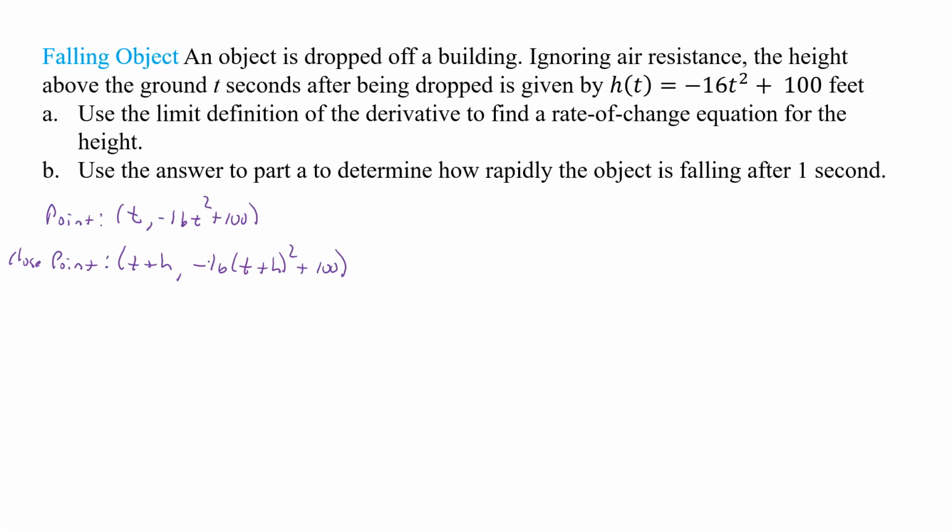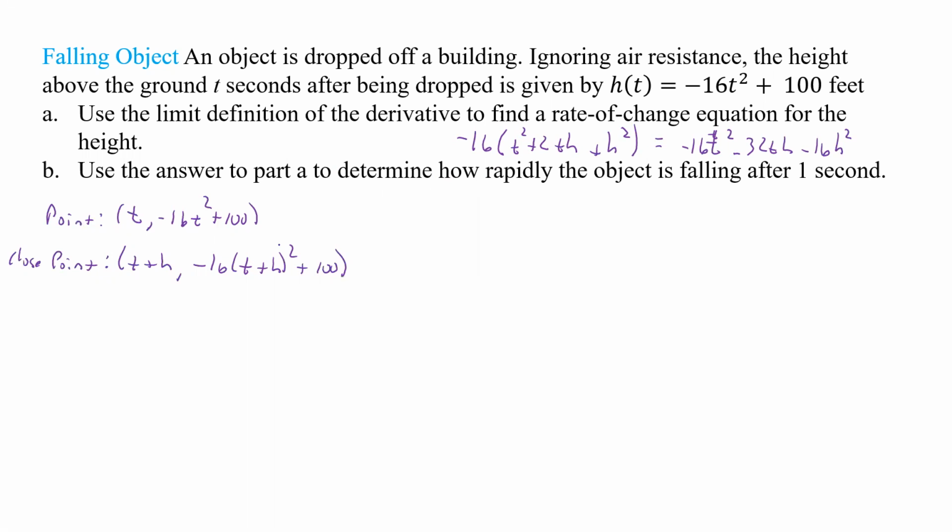Now we have to square that and take it times 16. So that's going to be our negative 16. Negative 16 times, when we square that, that's going to be t squared, and plus 2, let's do th, and then plus h squared. And so that's going to be a negative 16t squared, and then minus 32th minus 16h squared.